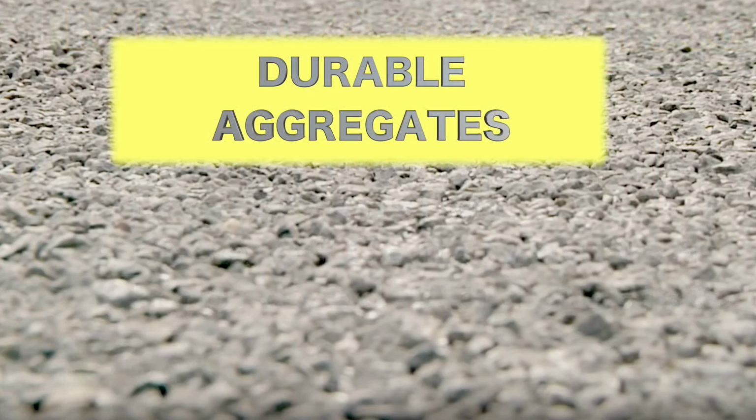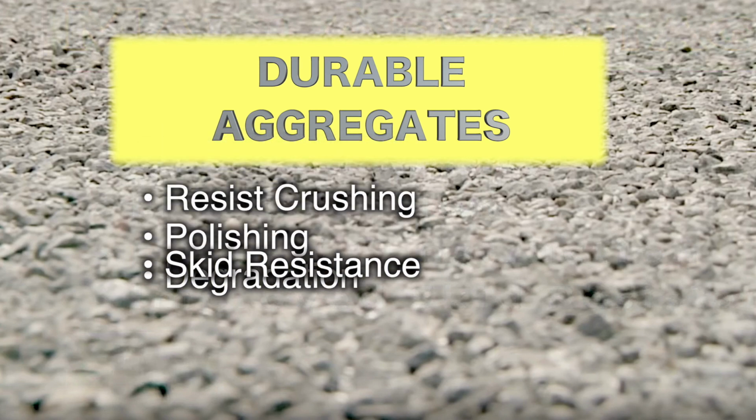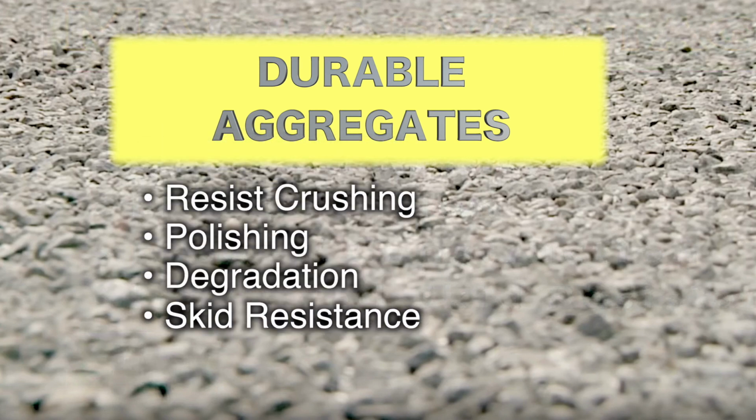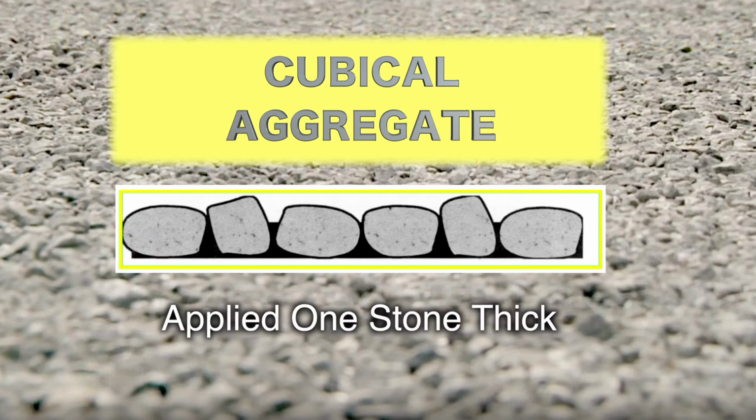Aggregate must be durable to resist crushing, polishing, degradation, and have good skid resistance. Aggregate must be cubical for better interlock and be applied as a monolayer, meaning one stone thick.